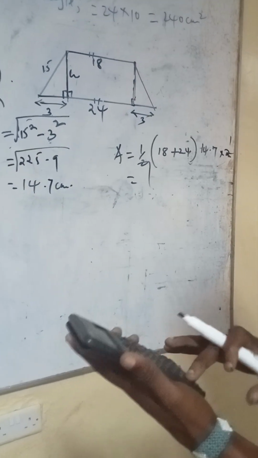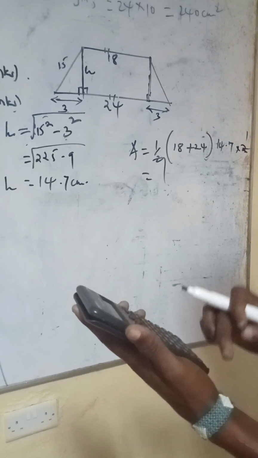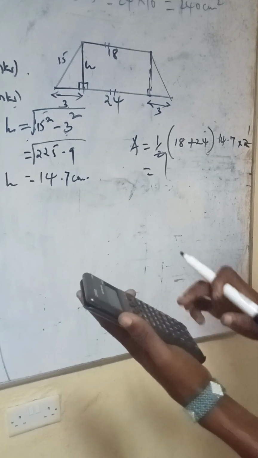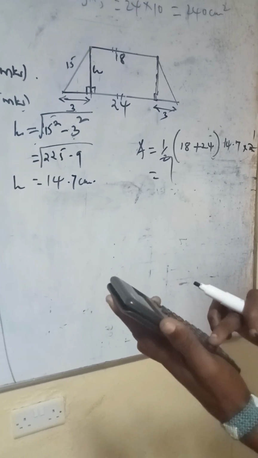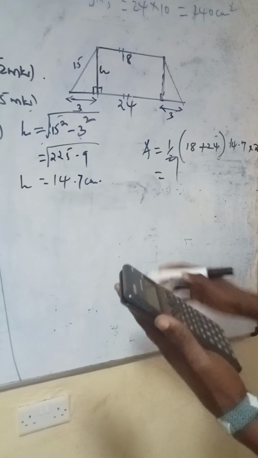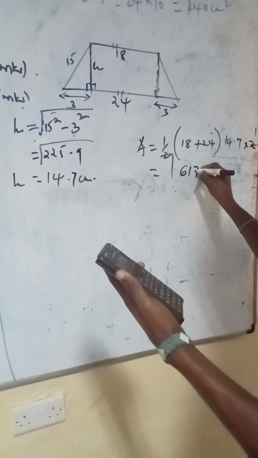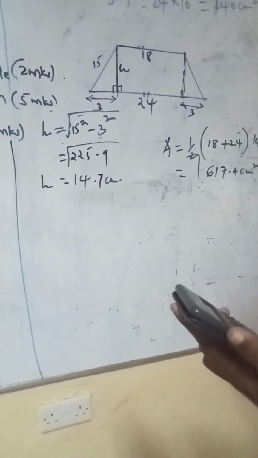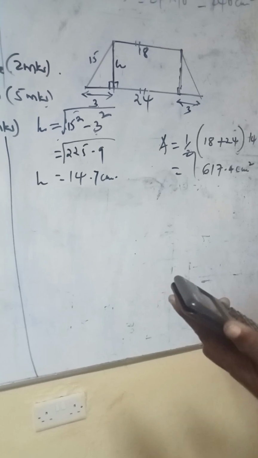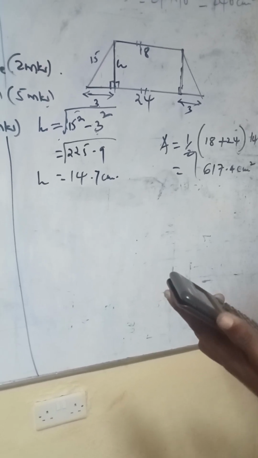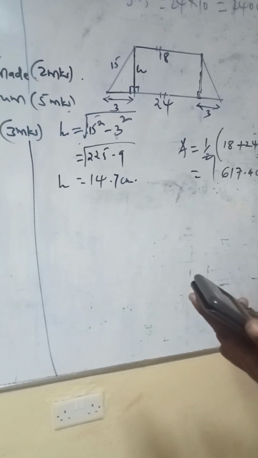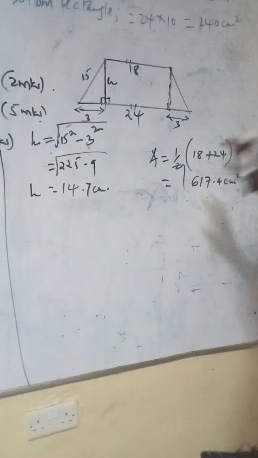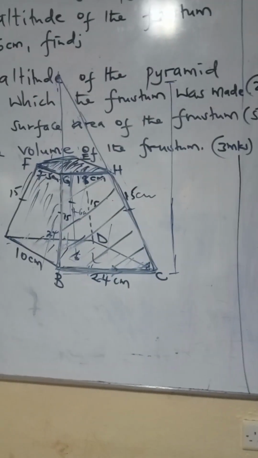So that will be 18 plus 24 multiplied by 14.7. This will give us 617.4 centimeters squared. So we have gotten the area of the two trapezia.